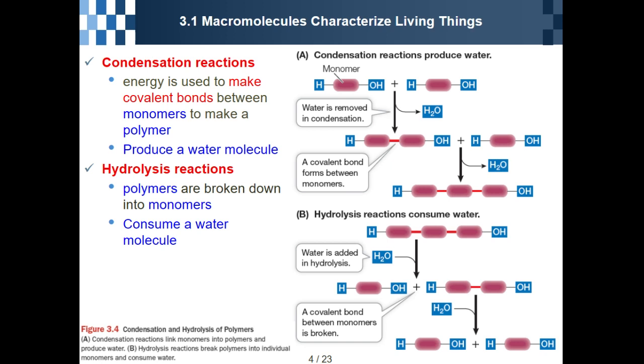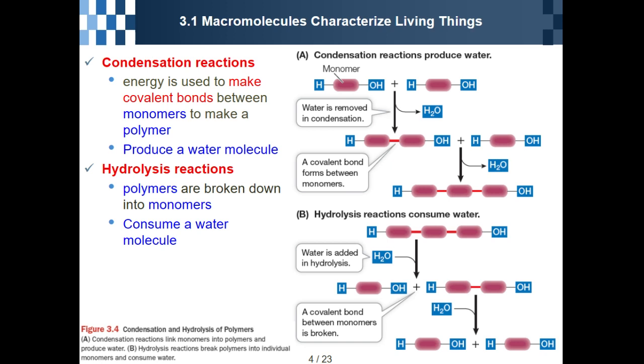Hydrolysis means that starting from the polymer, it will make the monomer. This one will also make the monomer. This monomer is like this. So condensation means that they combine to each other, monomer and monomer. Between monomers, energy is used to make the covalent bond to make the polymer.